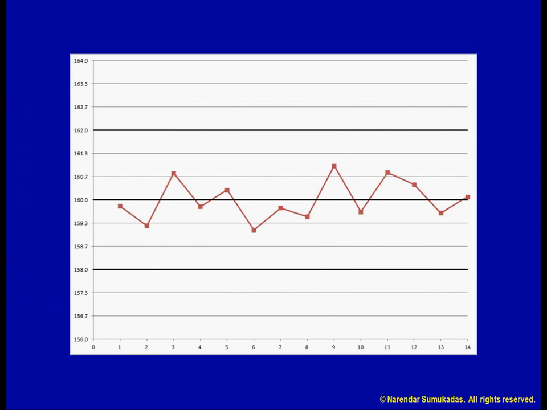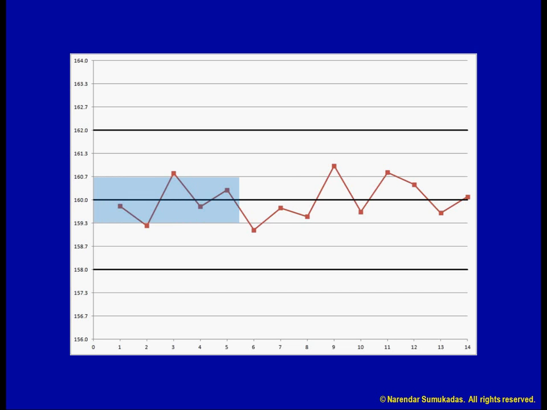I need to now double-check my chart to see if the process was in fact behaving normally during my data collection period. If there was some abnormal behavior during this period, it would make no sense to set this LCL-UCL band as representing normal behavior. Checking for non-random behavior, we can see that there are no runs or trends present.